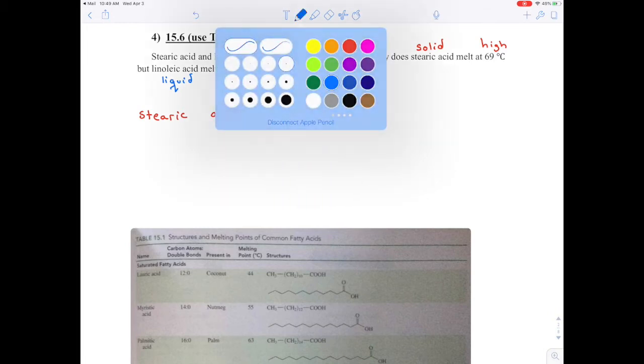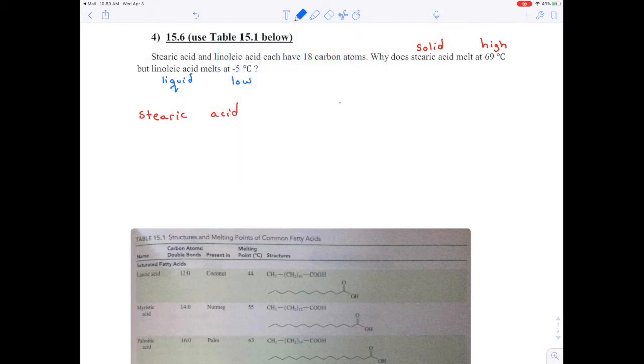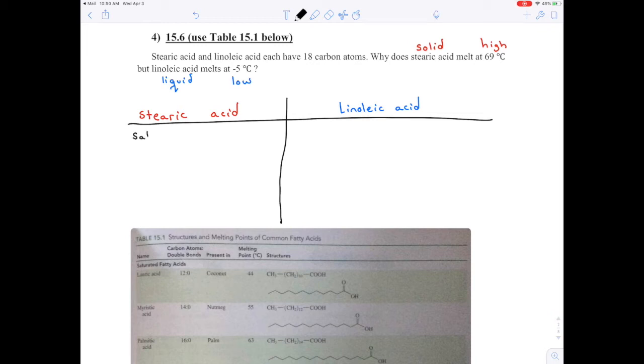So we have stearic acid, and then we have linoleic acid. We saw stearic acid is saturated, and linoleic acid is unsaturated.